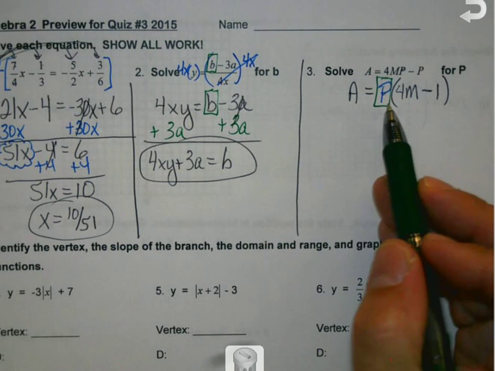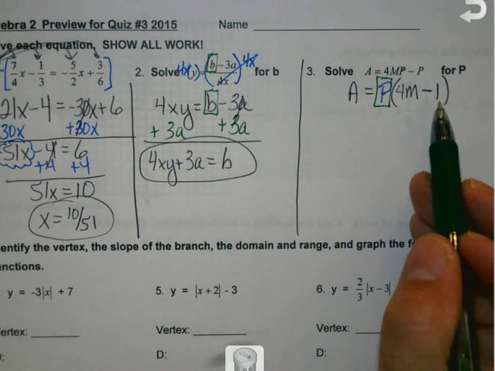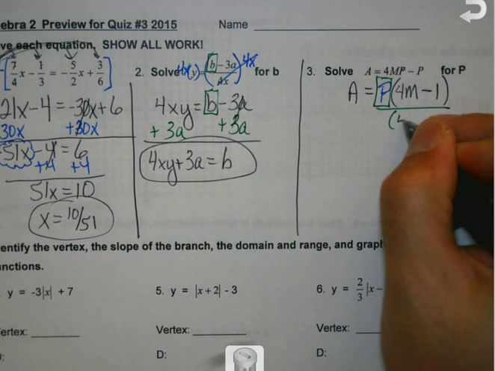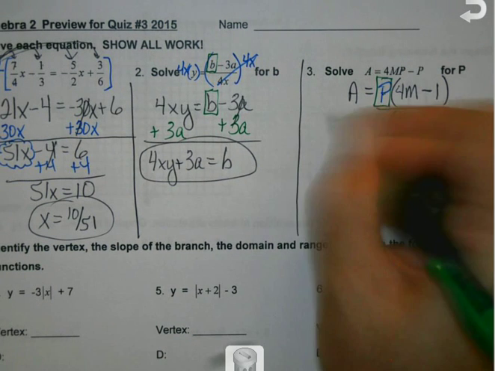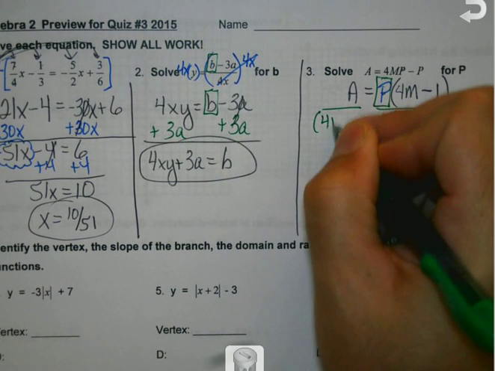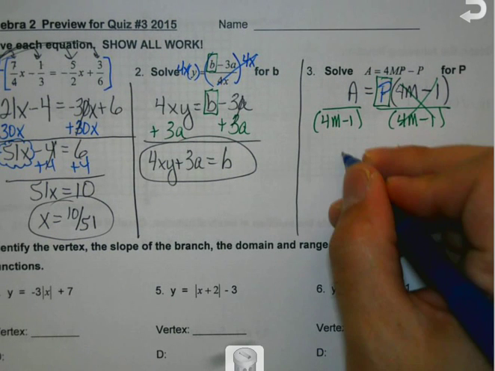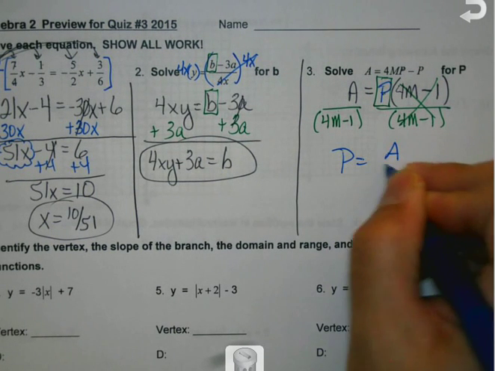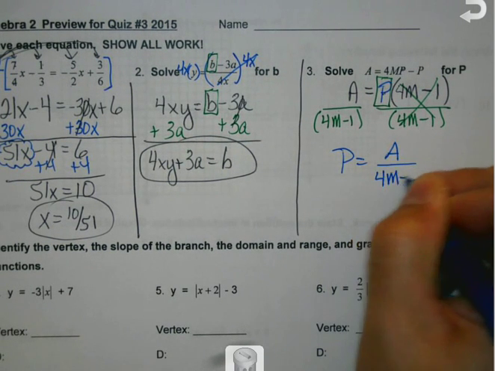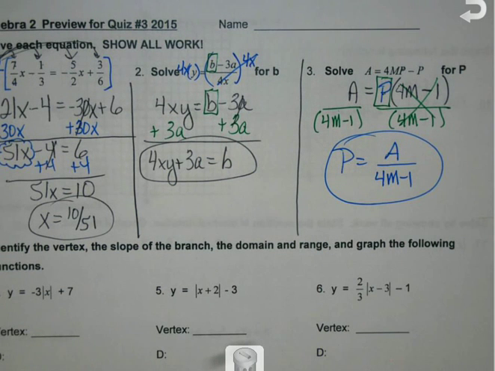Yes. Since I'm multiplying by 4m minus 1, I'm going to divide both sides by that. And notice my p is now by itself, and I'm happy.